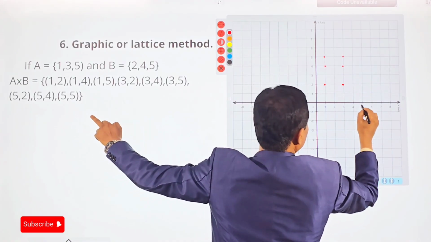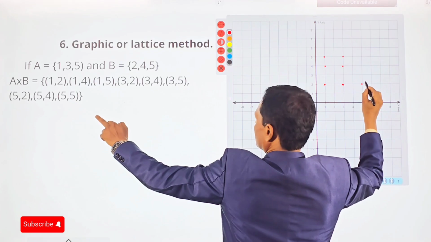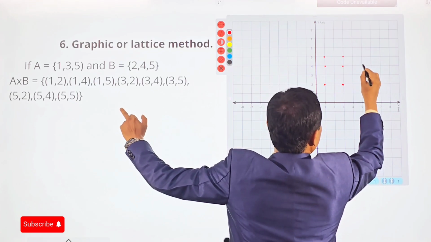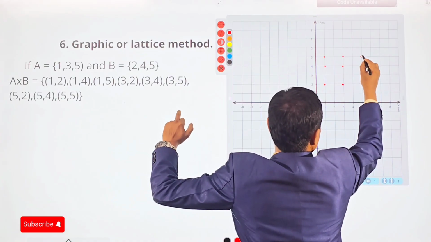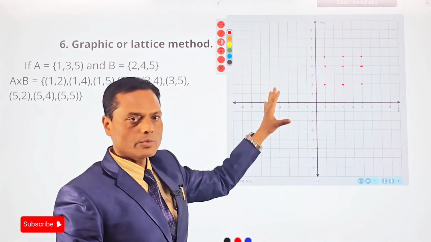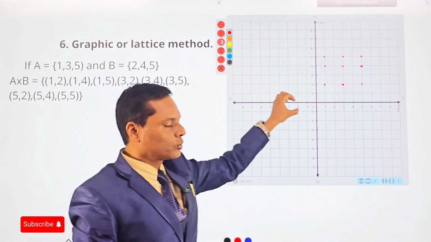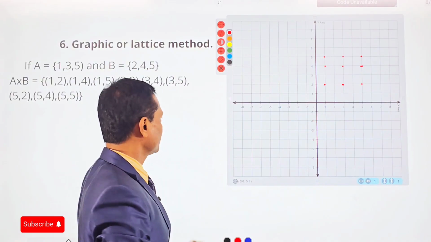Like that, 5, 2. 5, 4 like this, isn't it? So it will be better to write the coordinates of all the points, isn't it?